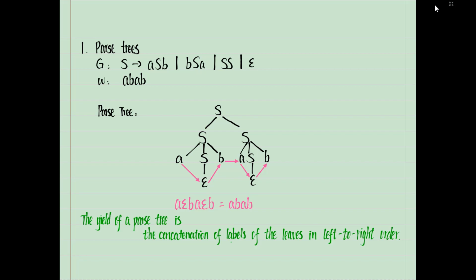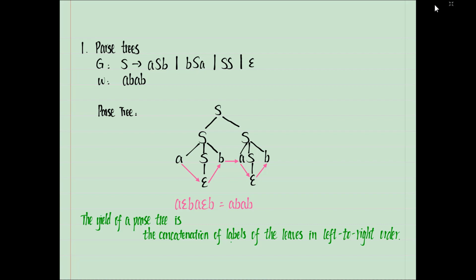And that is true. And we see the same substructure in the right subtree. Finally, for that S, we still have the variable, so it's possible that it can be replaced with other terminals or variables or epsilon. And in this case, it is replaced by epsilon. The rule S to epsilon is applied.